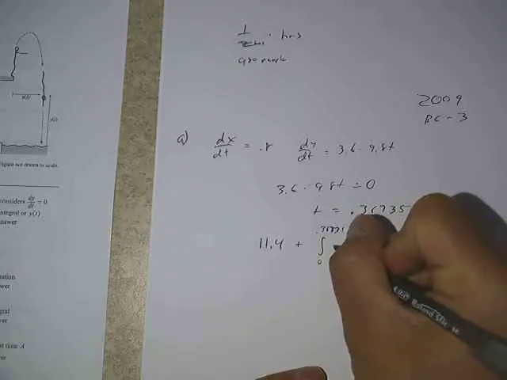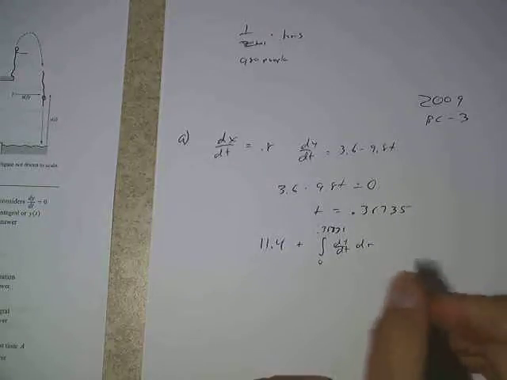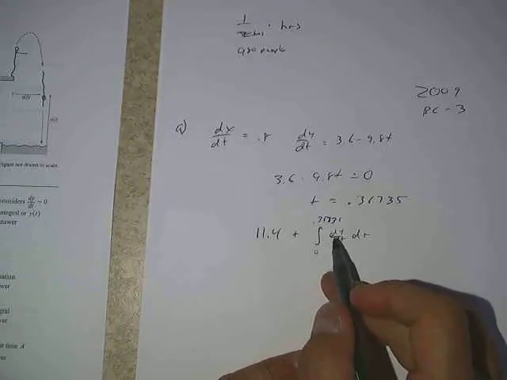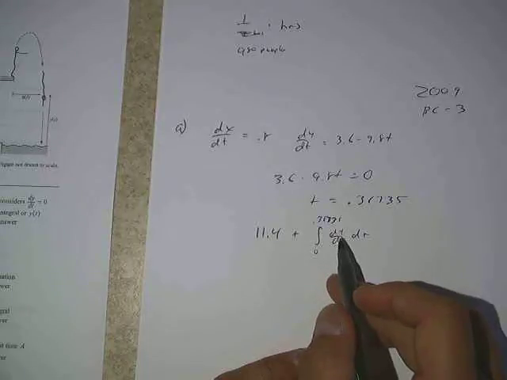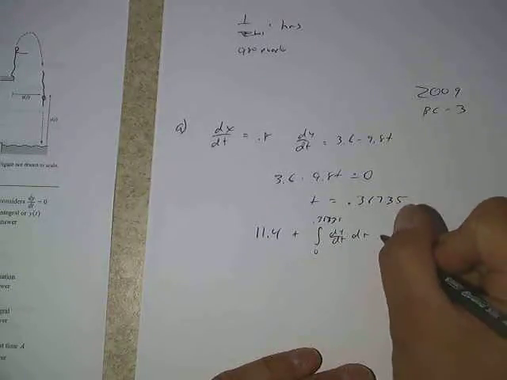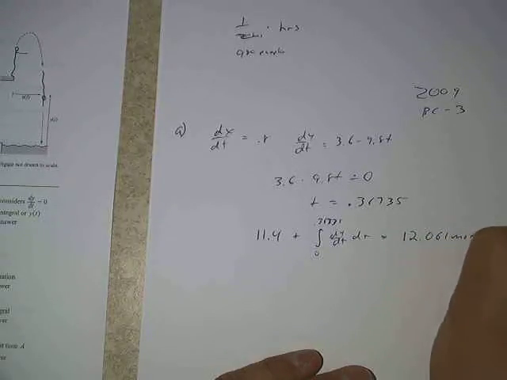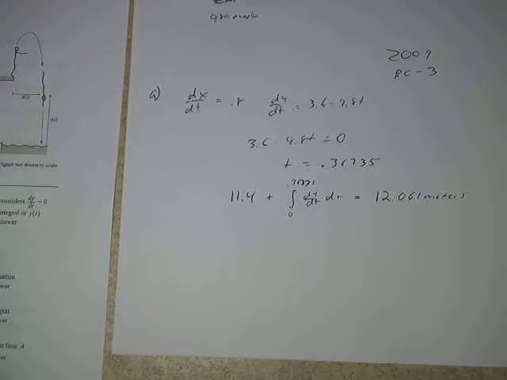Now, the question asks us to find the maximum vertical distance from the water surface. So this is the time when we're at the maximum distance. But remember she started at 11.4, and we're going to add the displacement, from 0 to 0.36735 of our dy/dt function. That's a calculator problem, and the integral of the velocity would be the displacement.